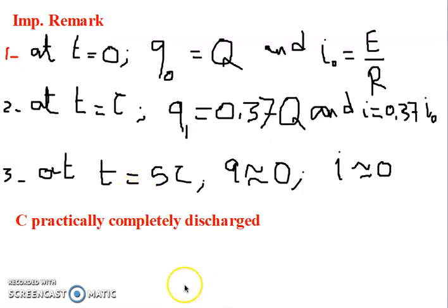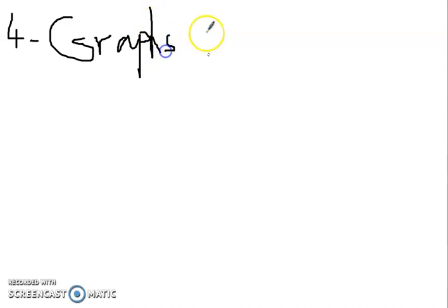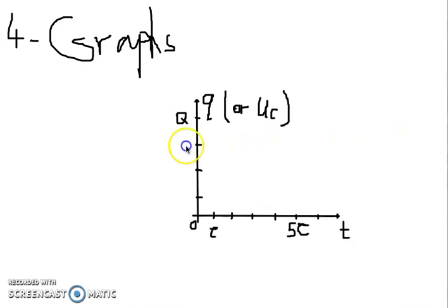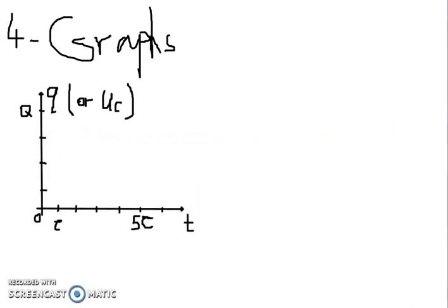so let's see the graph of the charge and of the electric current. Okay, point 4, graphs of Q and I. Let us first start with the graph of Q. So here is Q. I will use this color, red. At T equal to 0, the charge is Q, right?